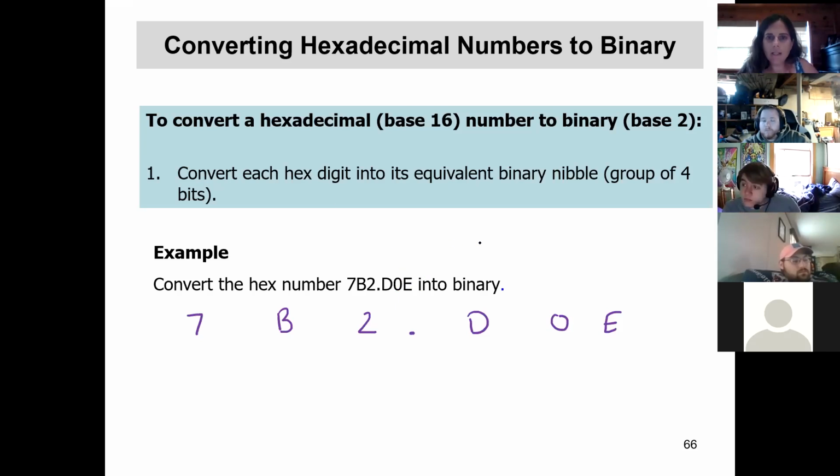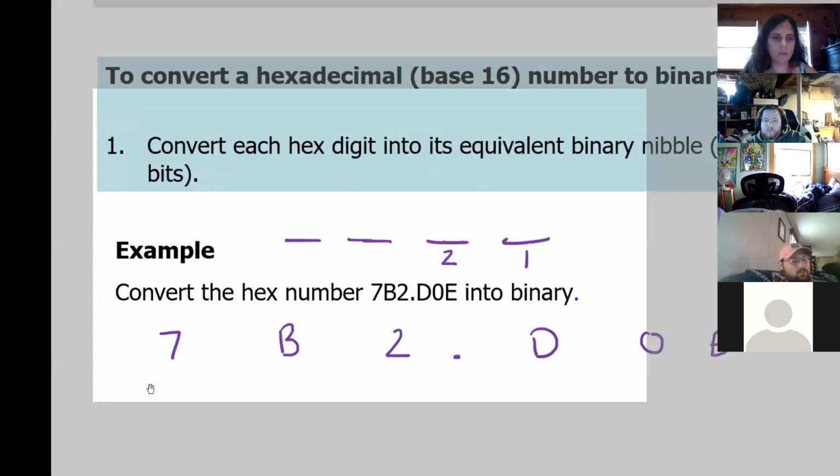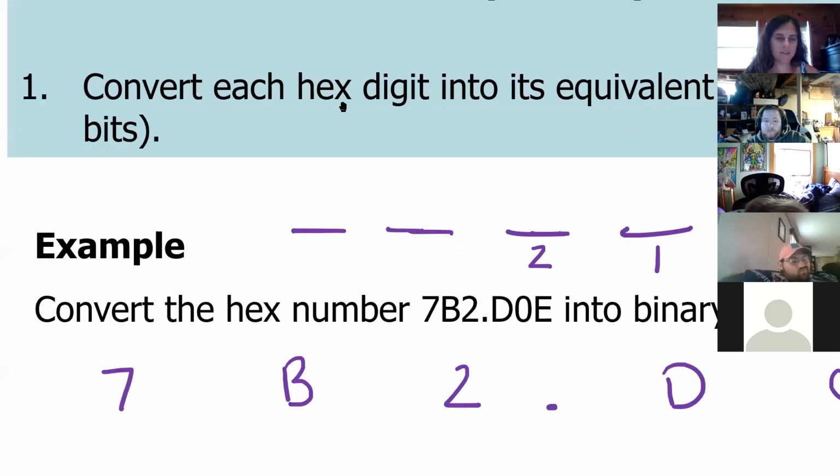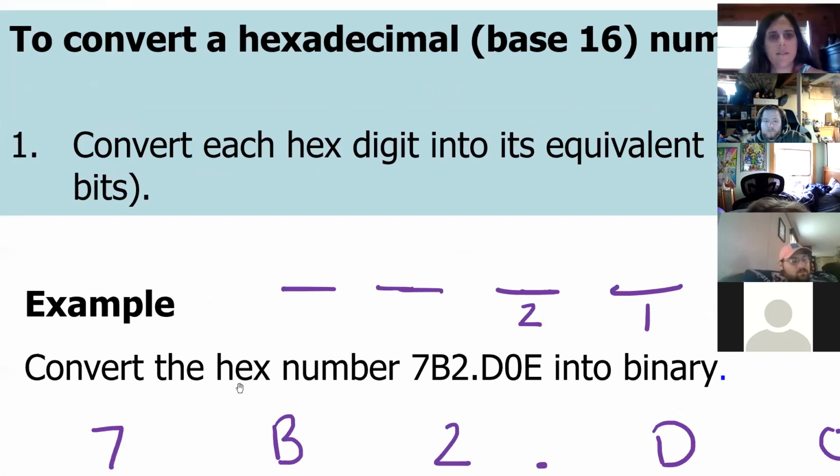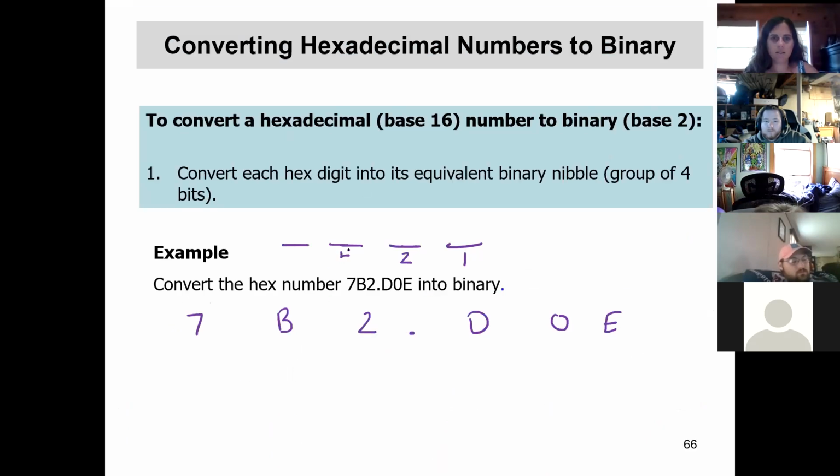So the nibble is, again, a group of 4, and this is referring to 2 to the 0, which would be 1, 2 to the first, which would be 2, 2 to the second, which would be 4, and then 2 to the third, which would be 8.